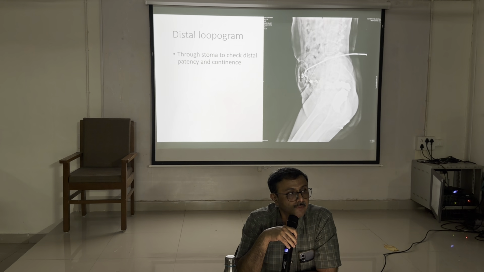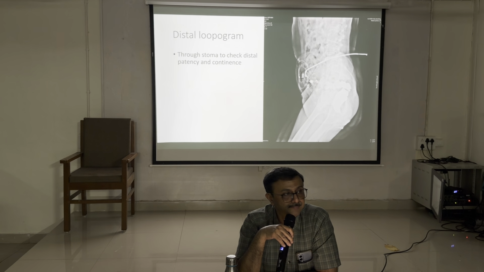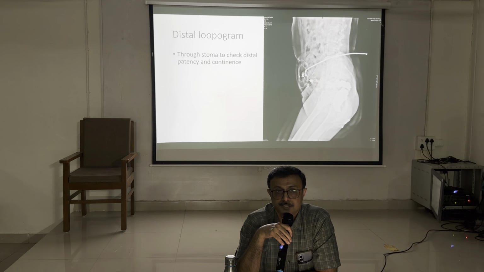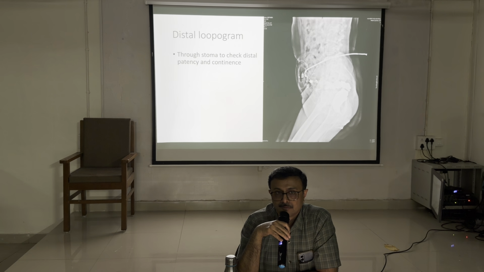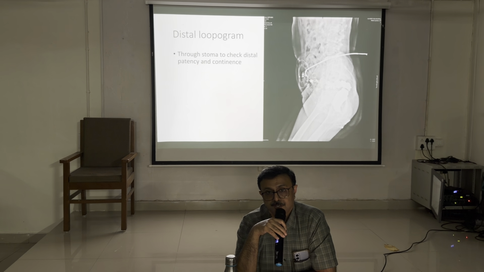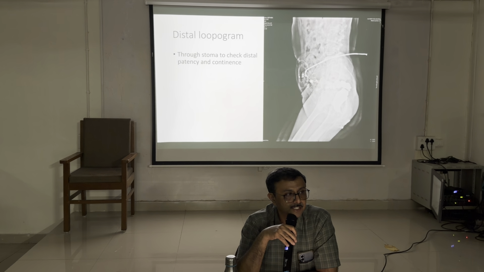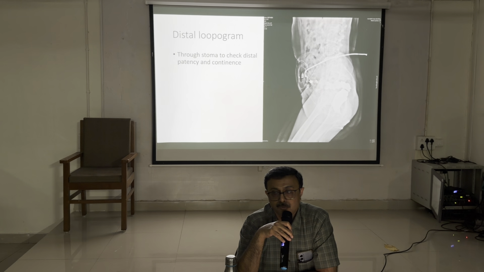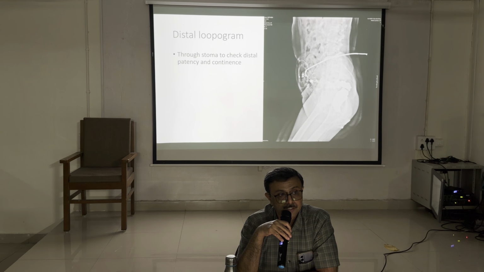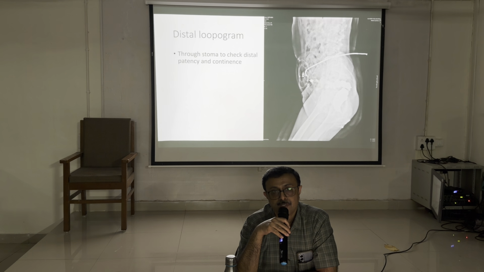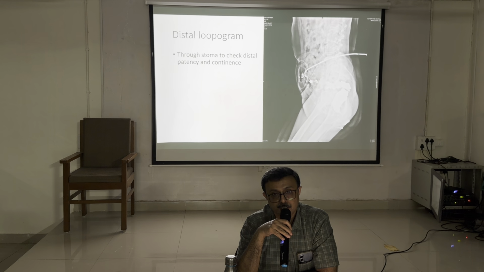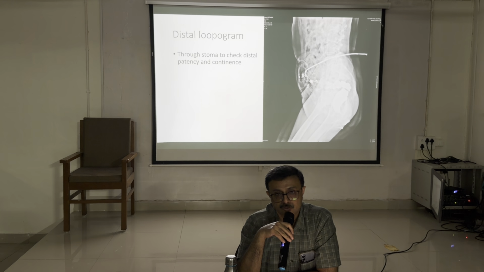Patency of the distal segment, and sphincter functioning. It is dysfunctional for up to 1 to 3 months, so it becomes patulous, temporarily non-functioning. If it is non-functioning and you close the stoma, there will be a problem. So before that, you have to make it functioning. The sphincter assessment is very important before doing stoma closure.